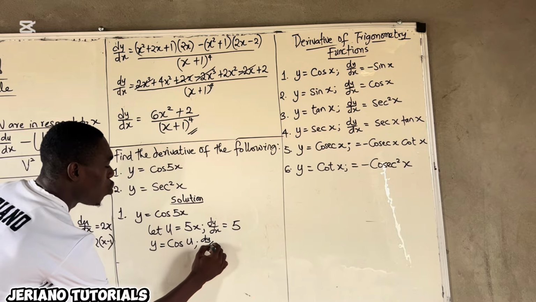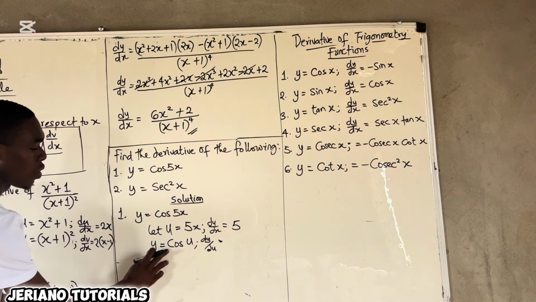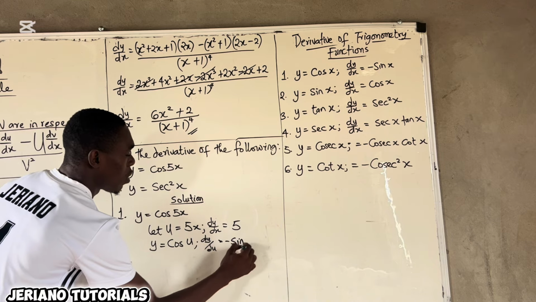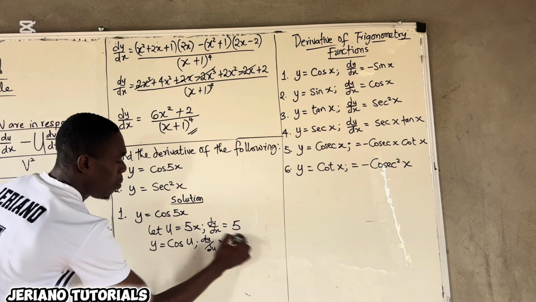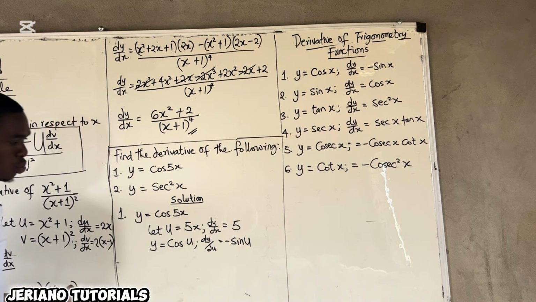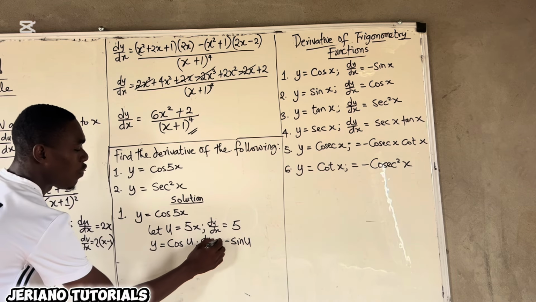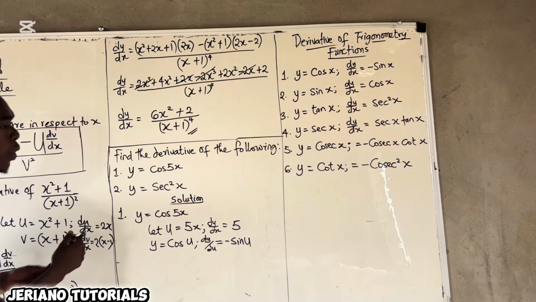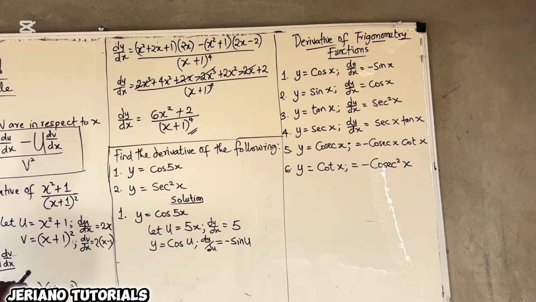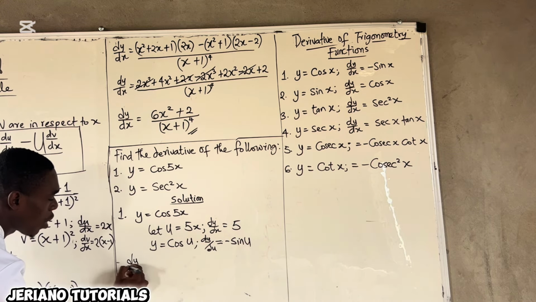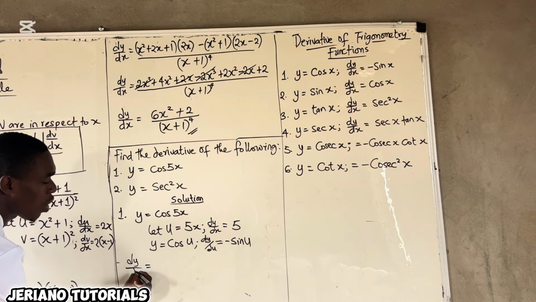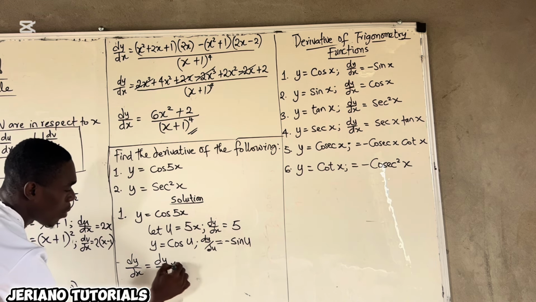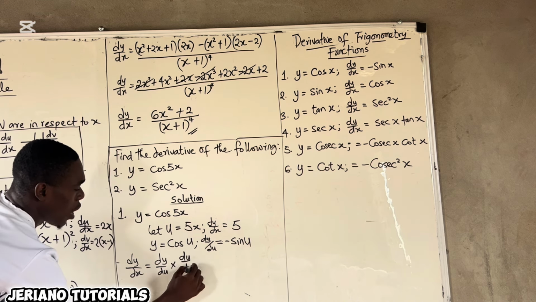Now dy du becomes, cos is what? Minus sine. So we have minus sine u. That is the derivative of cos u. Now using our formula, dy dx is equated to dy du times du dx.